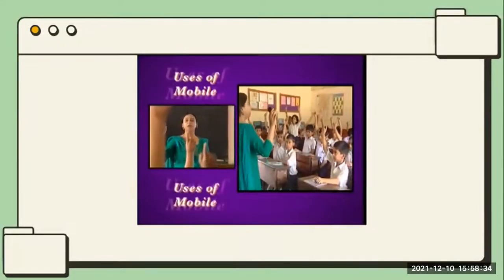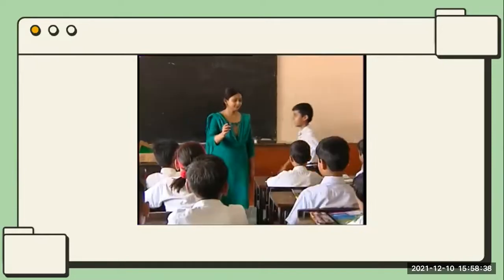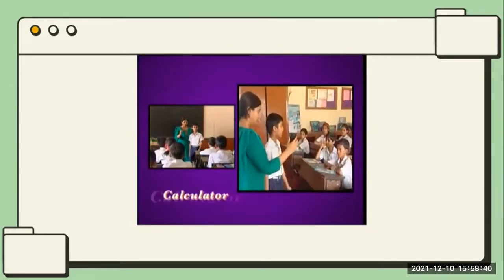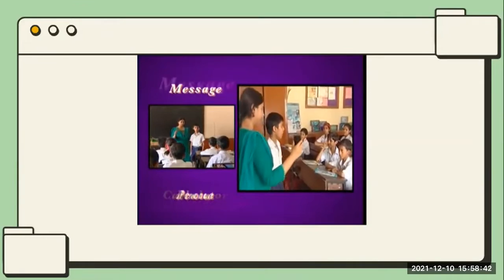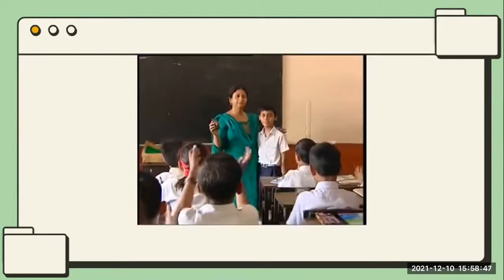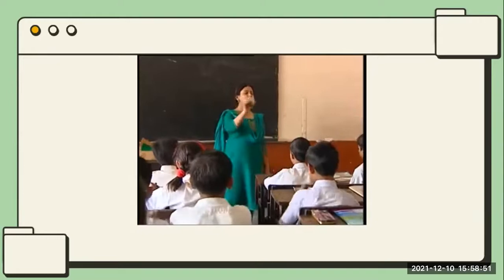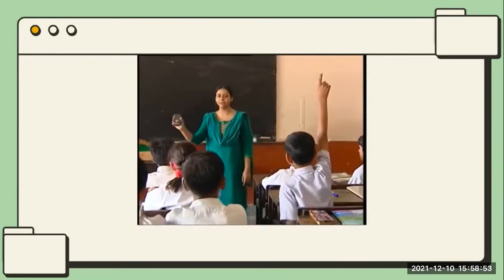Very good. So all of you are well aware of the uses of mobile. Yes, please. Yes. Mobile use calculator, message, phone, missed call. Okay, very good. Clap for him. You please go back. Sit. Anybody else who can tell me the uses of mobile?